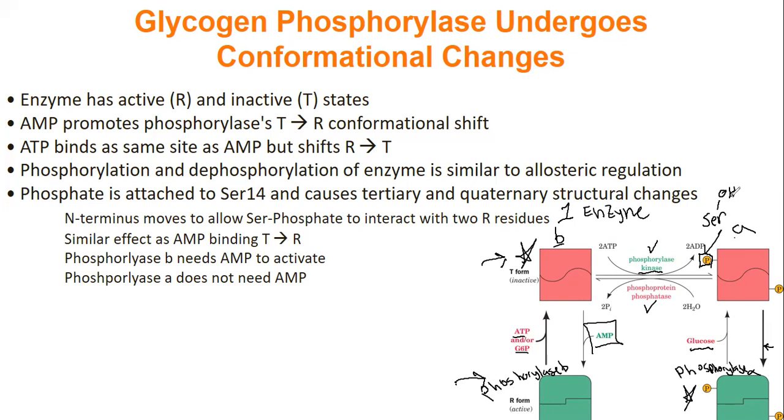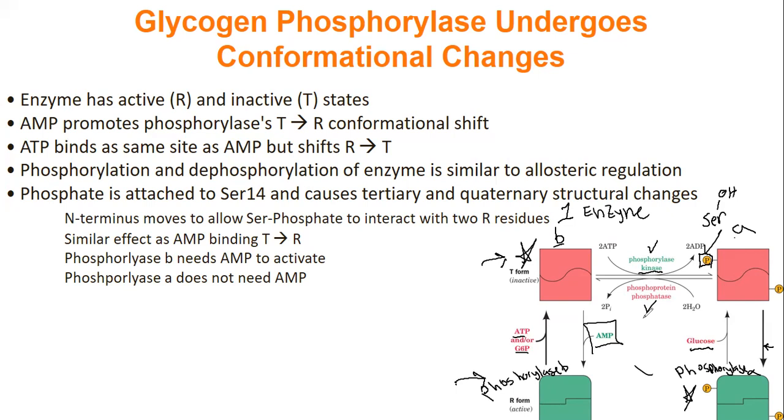But yeah, the big takeaway here is, can you understand this image? Can you explain this image back to me? Do you understand the logic of what's happening in this image? Do you understand the logic of why phosphorylase should be turned on or why it should be turned off?